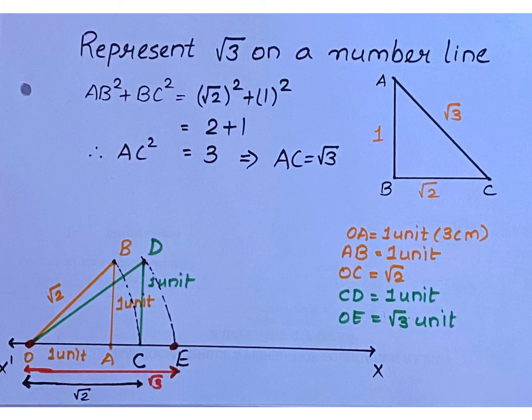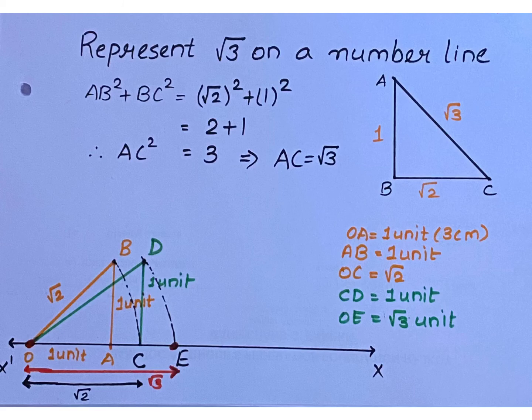Now we need to represent root 3. So you have to draw line segment CD from point C such that CD is equal to 1 unit. Now join OD.